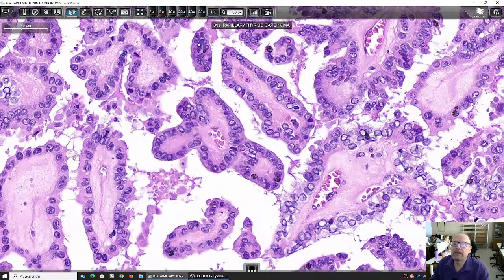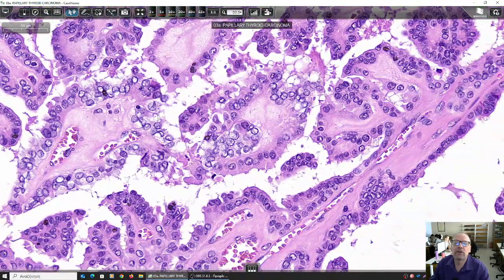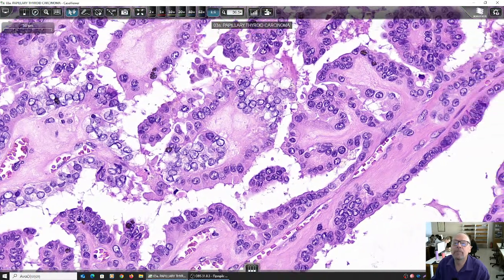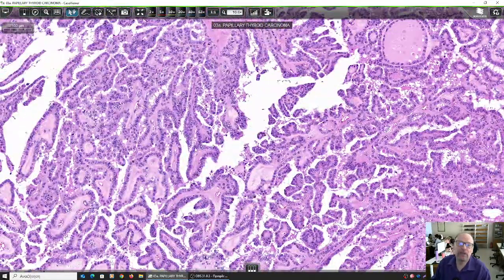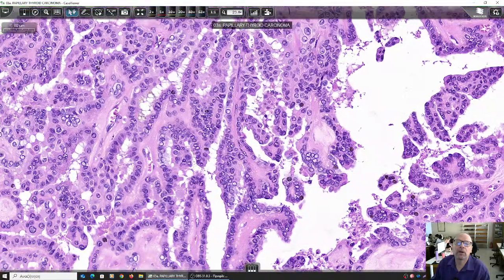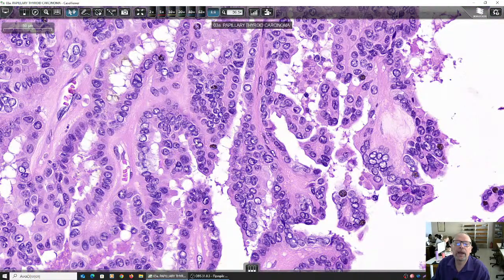What are the nuclear features? We have overlapping nuclei. Here they are. You see how they coalesce, how they overlap each other, how they aggregate, and they are empty. So have a close look, because we have empty appearing, overlapping, crowded nuclei.